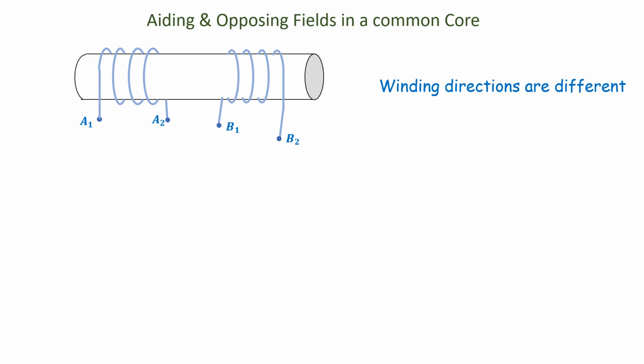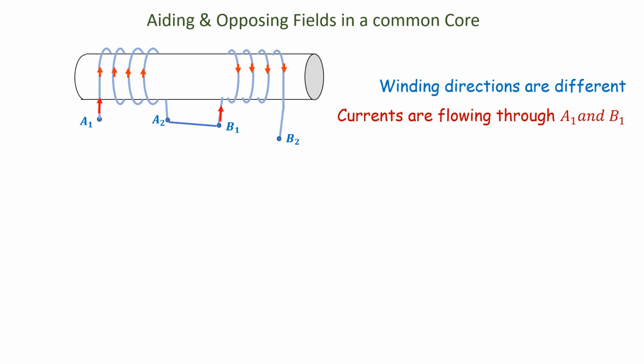Coil 1 is wound from front to back. Coil 2 is wound from B1 from back to front. We will connect these two in series. Now pass current through A1. It will flow through all the turns. Continue into the coil 2 from B1.